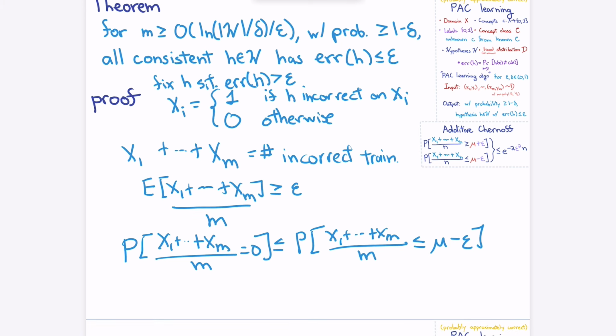So this thing is less than or equal to e to the minus 2 epsilon squared m. So if I want to union bound, if I want to get this to be small and union bound over all of the hypotheses, what should I make m?